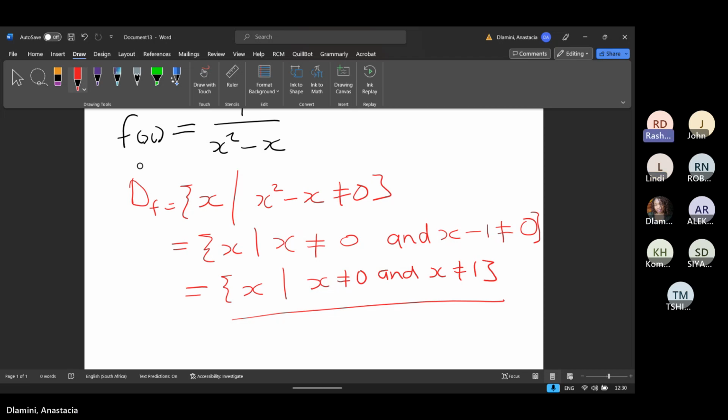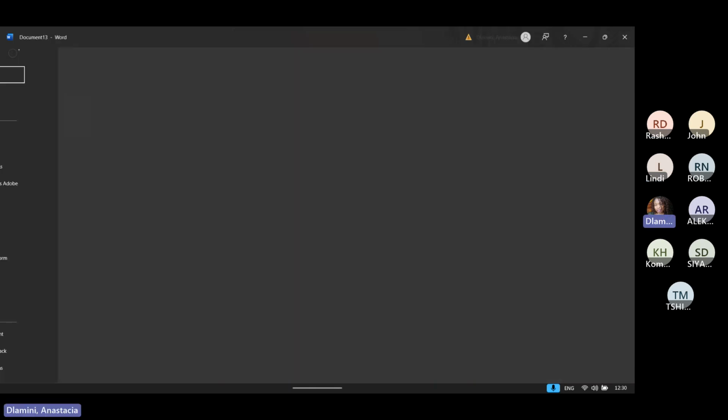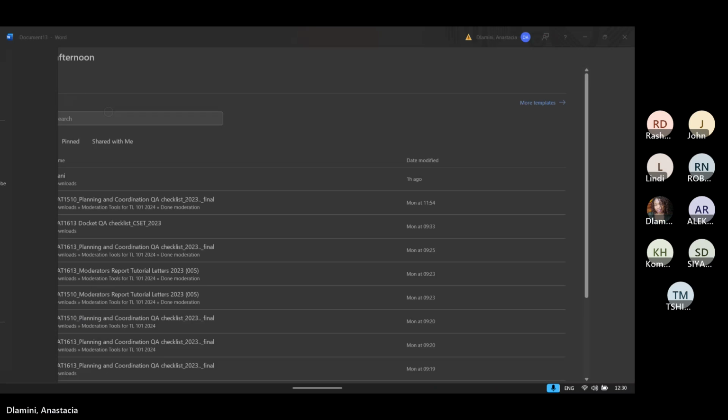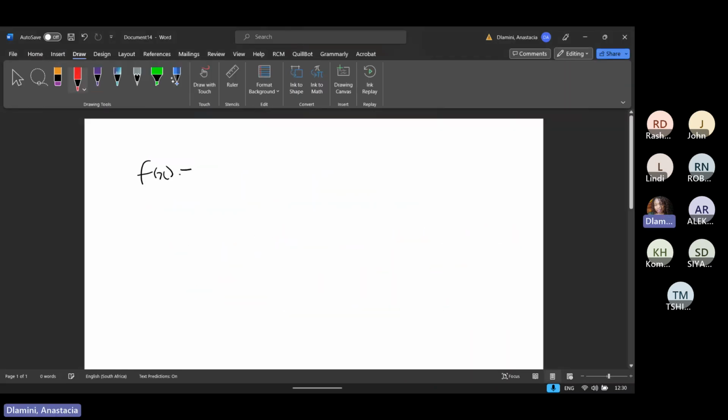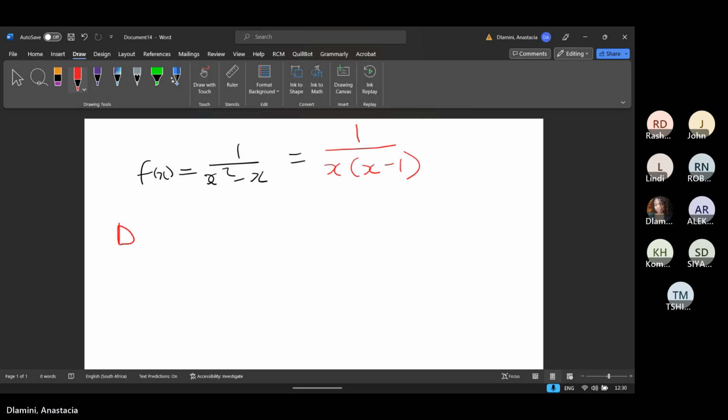Thank you. So what you did is, let's write it on a, instead of erasing, it will take time. So we have f of x is equal to 1 over x squared minus x. If you want, you can just start here and factor out x, so x times x minus 1. Now then you say the domain of f is x such that this whole part, the denominator, is not equal to 0.